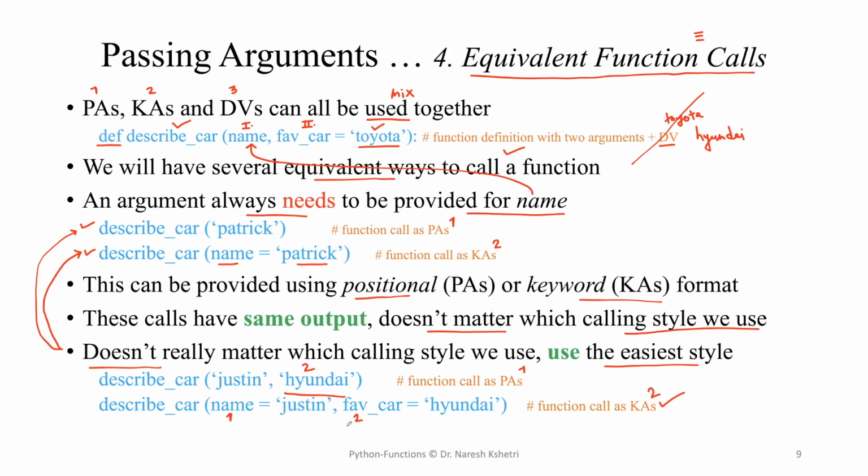We normally say that keywords are matched by name, so the order doesn't matter when we use the keyword. To know the exact difference, or the exact advantage, of using keyword versus positional arguments, please do watch the previous video. Now let us go quickly and understand more in our program implementation.